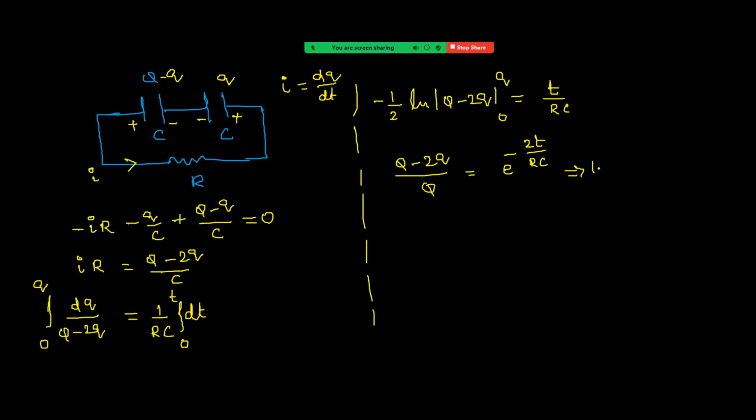That implies 1 minus 2q by Q equal to e power minus 2t by RC. Now from that, q equals Q by 2 into 1 minus e power minus 2t by RC.